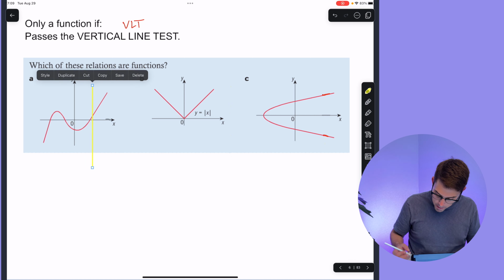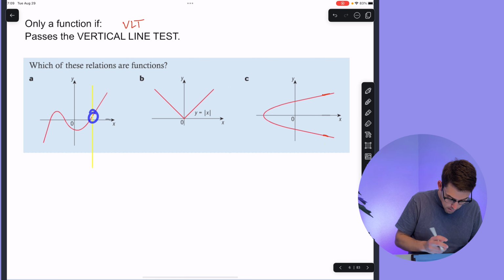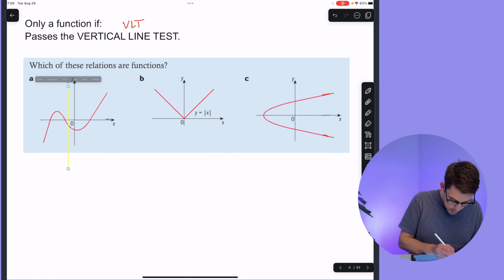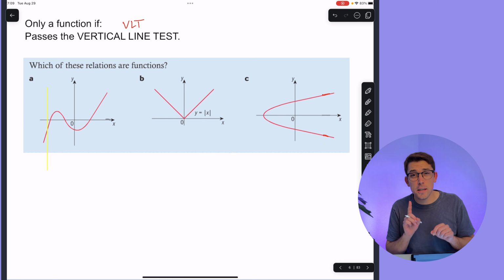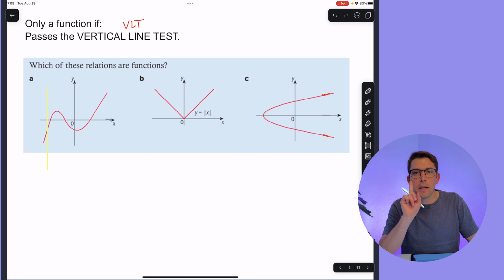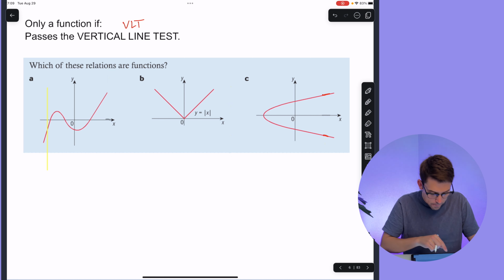So right here, my intersection is right there. If I dragged it over here, my intersection would be right here. And if I dragged it all the way over here, my intersection would be right there. So you can see it's only intersecting once, and that means it passes the vertical line test. So as long as it intersects with just one spot on the graph, it is a function.